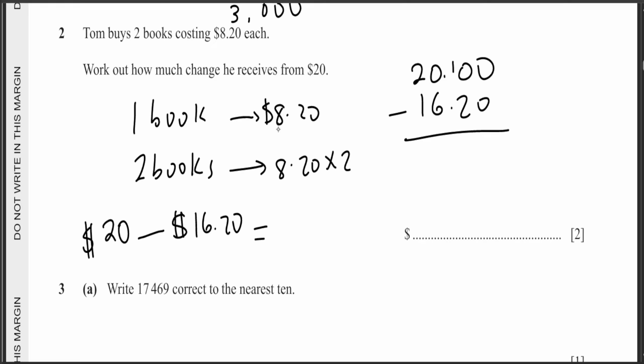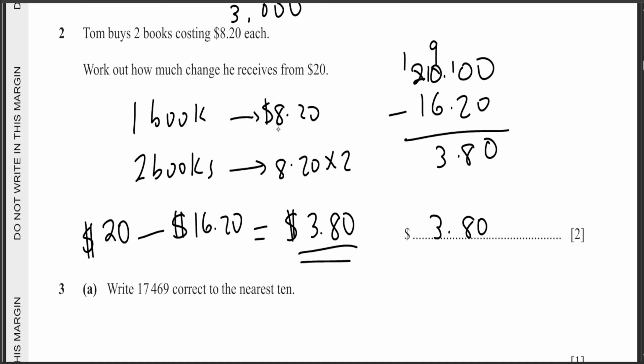Borrow 1 from the 0, and the 0 doesn't have anything, so he borrows it from the 1, and since it was borrowed, it remains with 9. 0 minus 0 is 0, 10 minus 2 is 8, 9 minus 6 is 3, and 1 minus 1 is 0. So you remain with 3 pounds 80 pennies. So that is your answer.